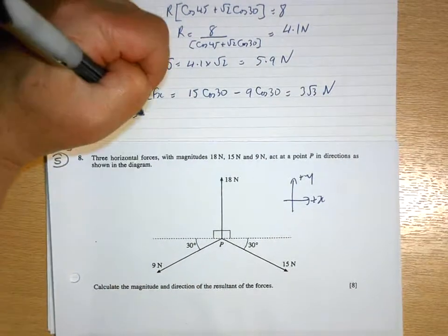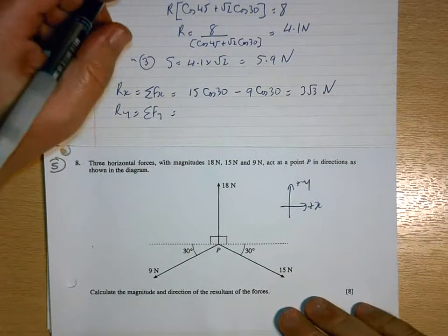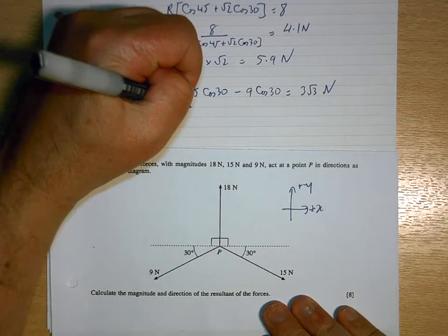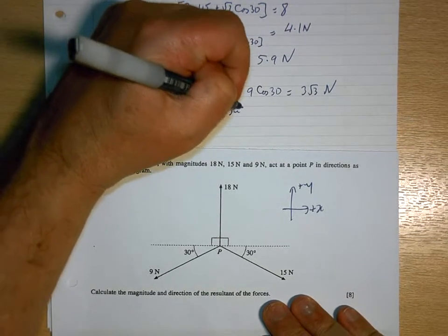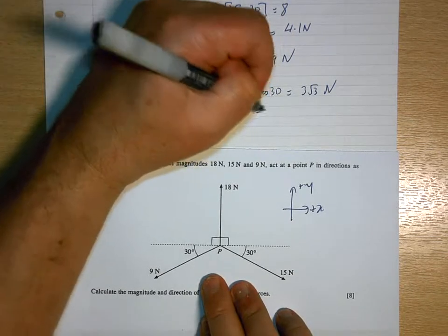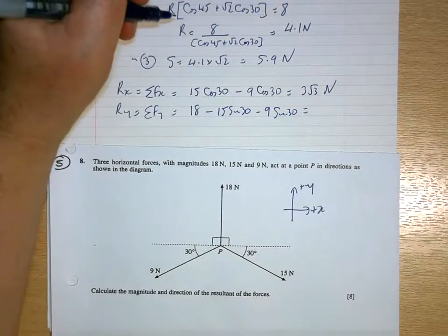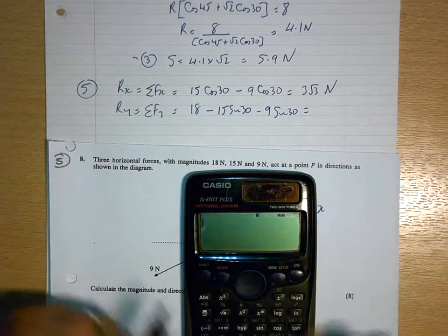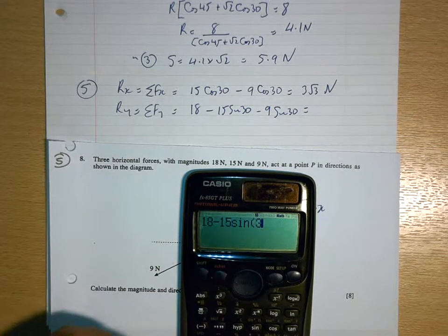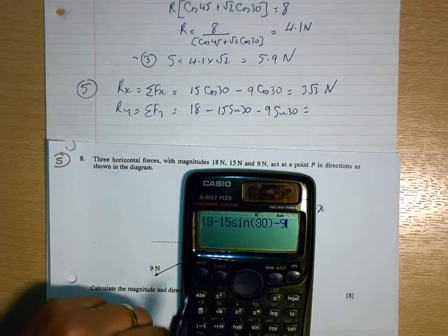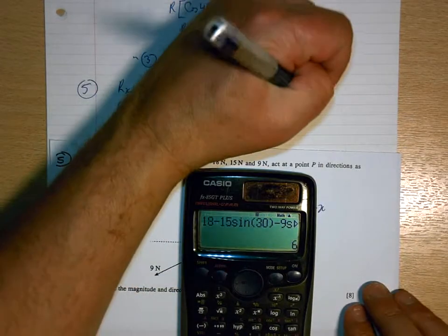Sum of the y components will give you the y resultant. So that's going to be 18 minus 15 sine 30 minus 9 sine 30. Sine 30 is a half, but we can just type it in. 18 minus 15 sine 30 minus 9 sine 30 equals 6.